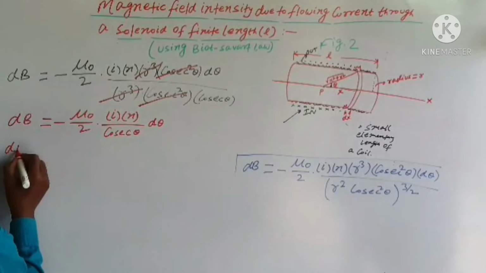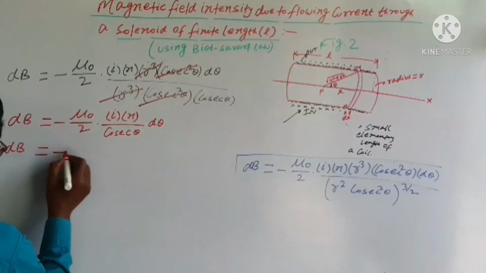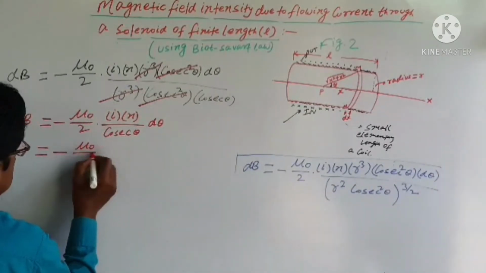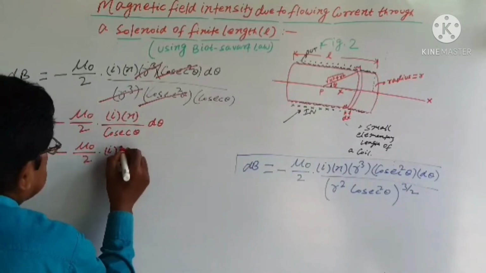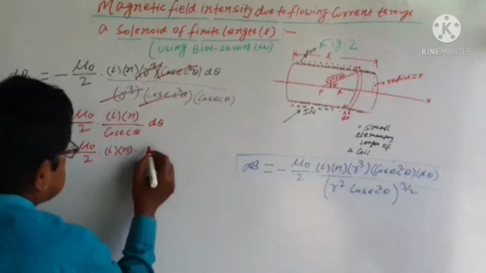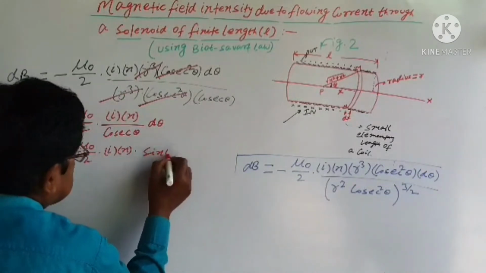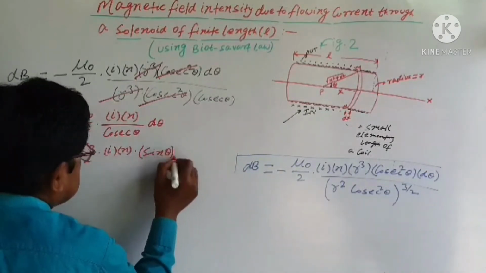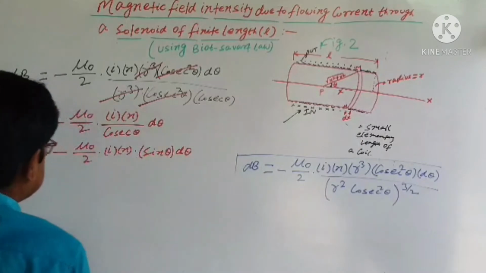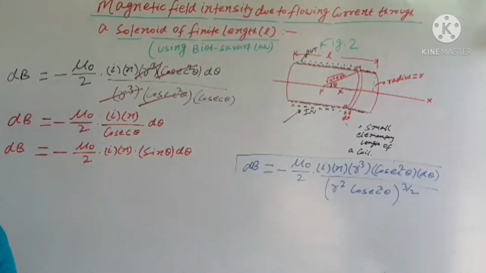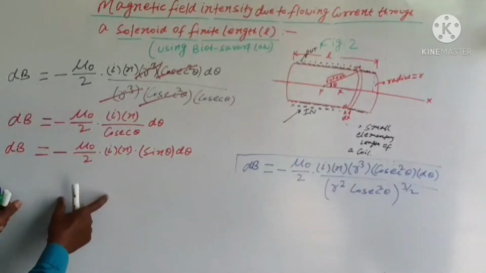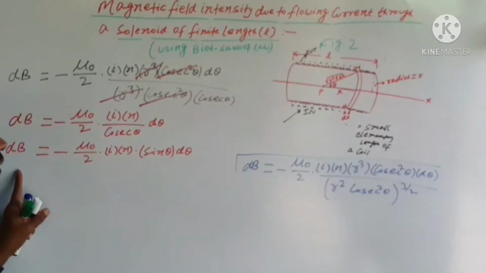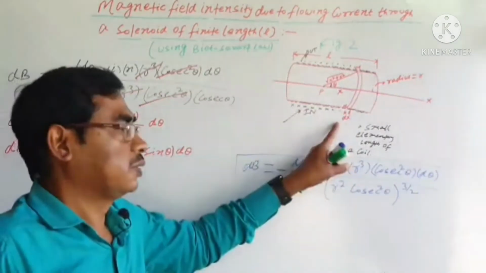So, dB is equal to minus mu naught upon 2 I n 1 upon cosec theta, this is sin theta d theta. Okay. Now, what we see here is the magnetic field intensity for an elementary part.